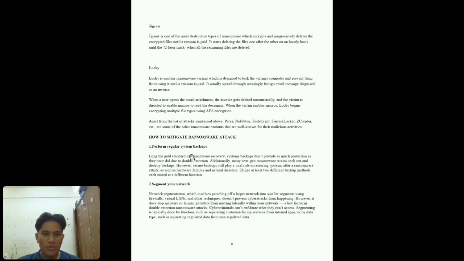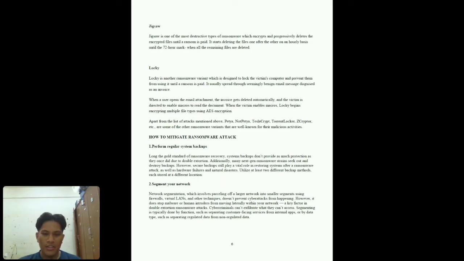How to mitigate a ransomware attack? 1. Perform regular system backups. Long the gold standard of ransomware recovery, system backups do not provide as much protection as they once did due to double extortion. Additionally, many next-gen ransomware seek out and destroy backups.